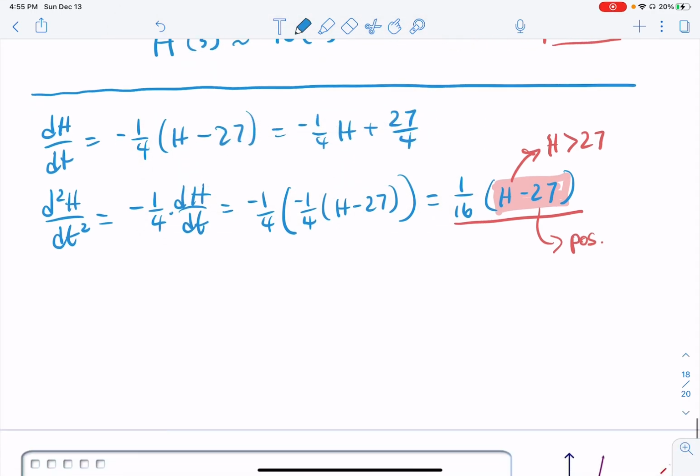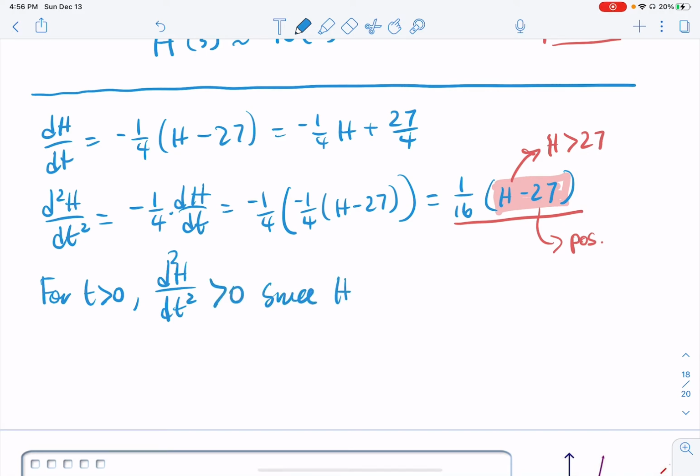Okay, so I'm going to write stuff like this. For t greater than 0, d2h/dt2 is greater than 0 since h is greater than 27.